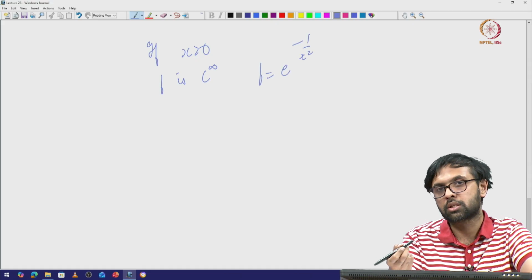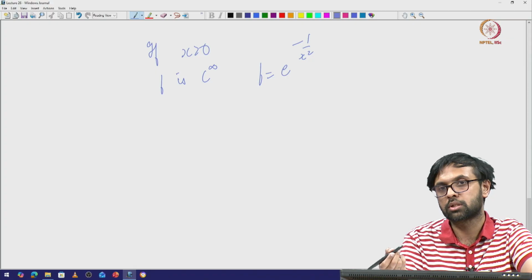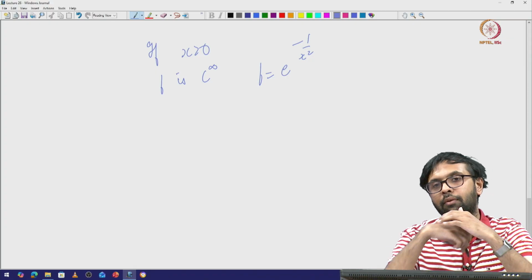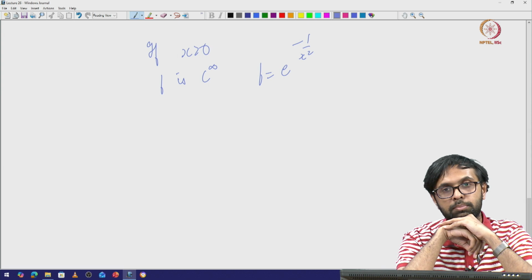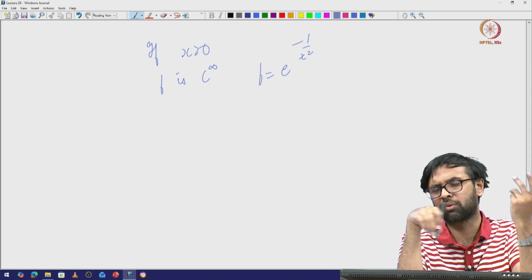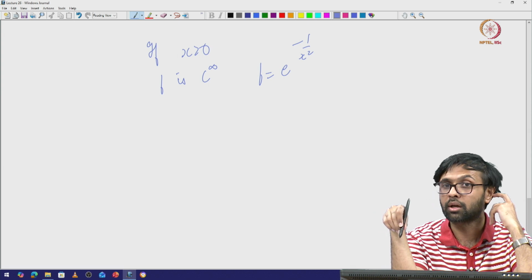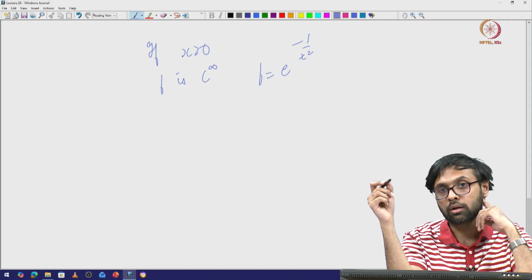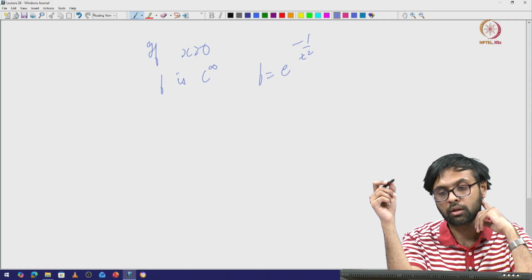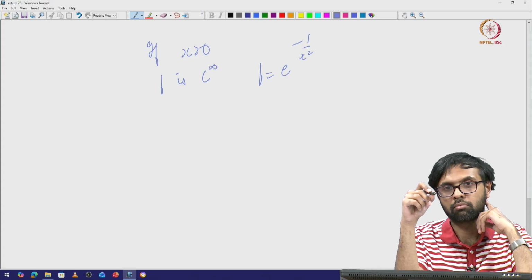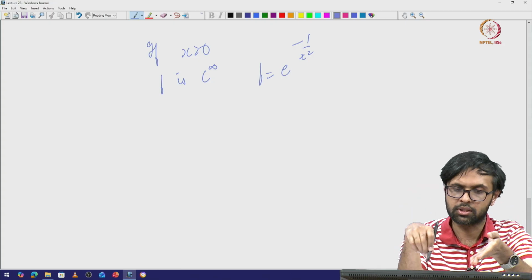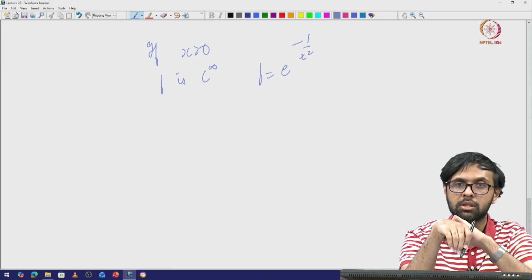And 1 divided by x squared is smooth when x is positive. Rather, 1 divided by x squared is differentiable when x is positive. In fact, it is smooth. Rational functions are smooth wherever they're defined, right? We'll also give a proof of this fact in a moment.